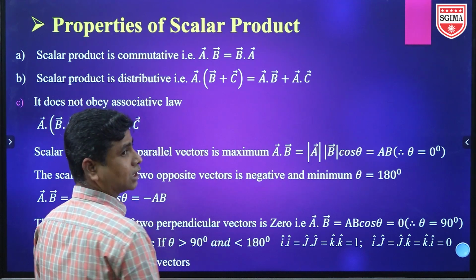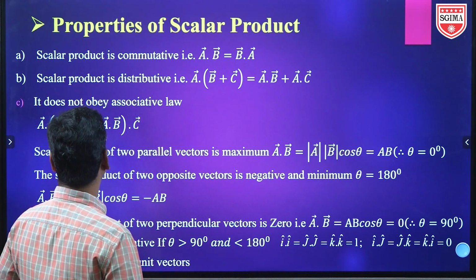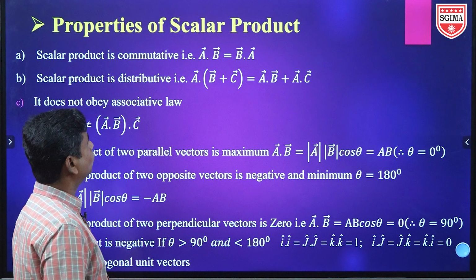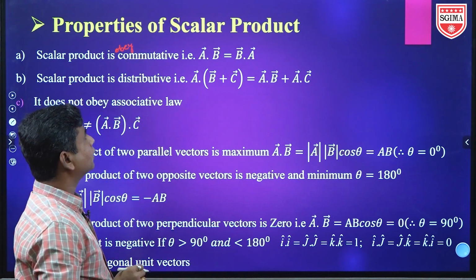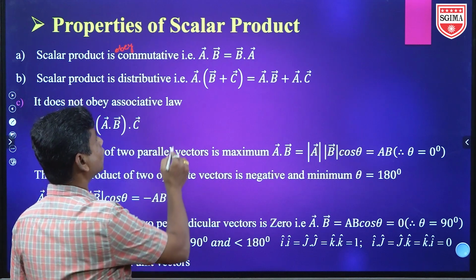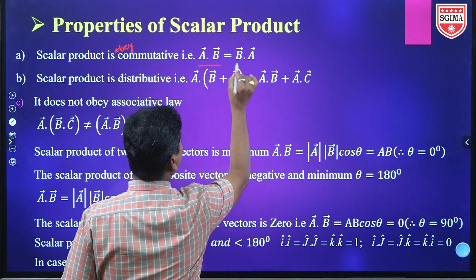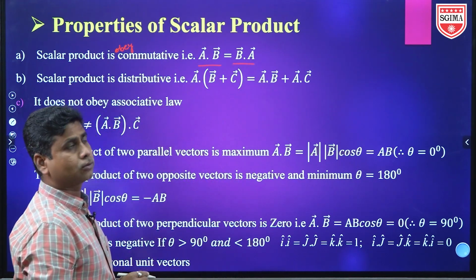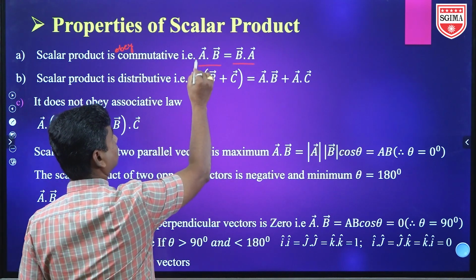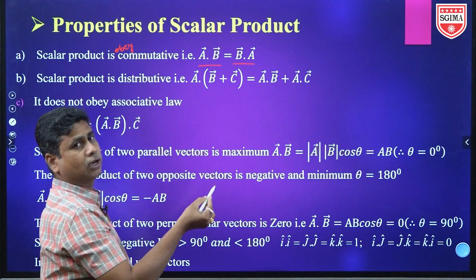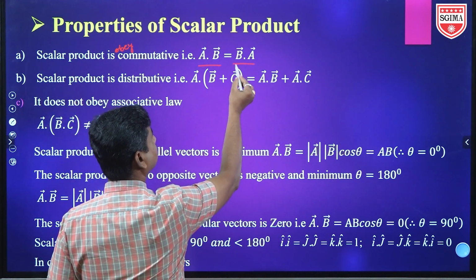Properties of scalar product. The scalar product obeys the commutative law. Here a bar dot b bar equals b bar dot a bar. Whatever value we get from a bar dot b bar, we will get the same value from b bar dot a bar.